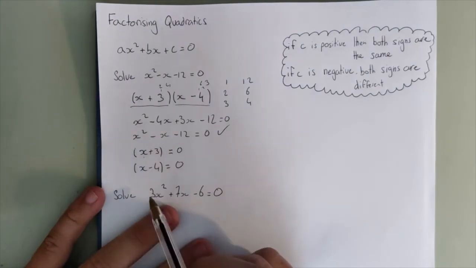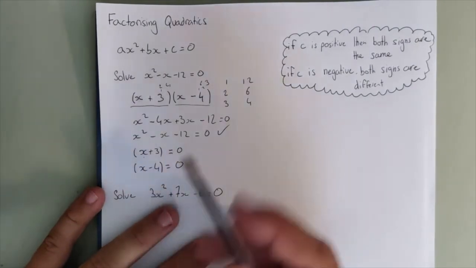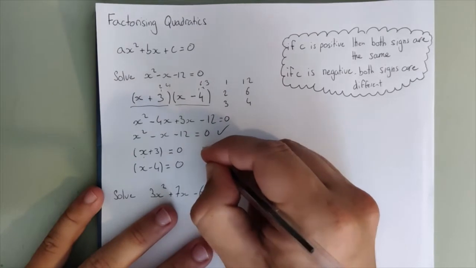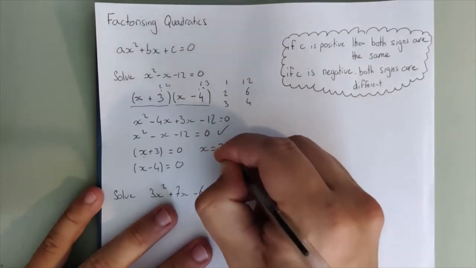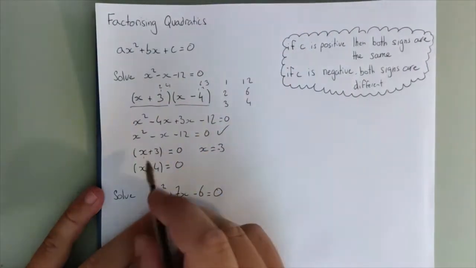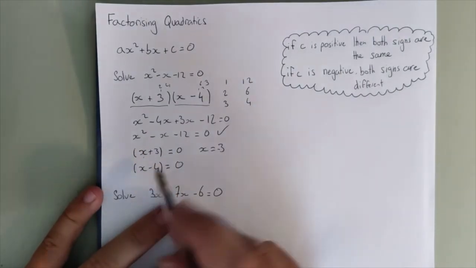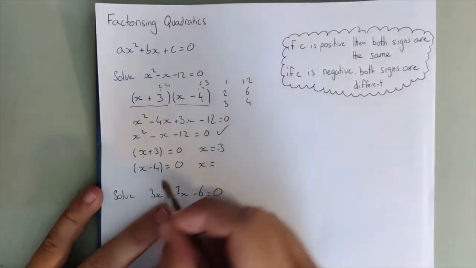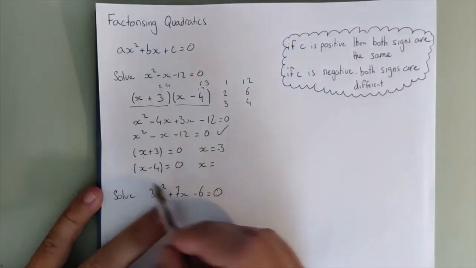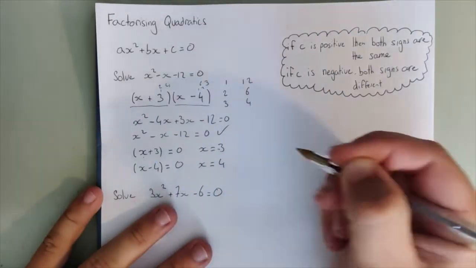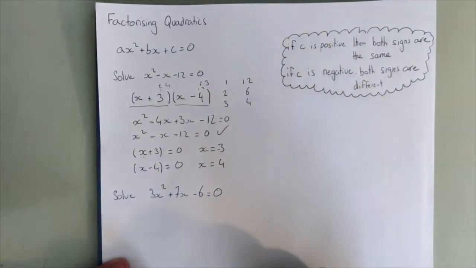To find x, you just make that x equals, sorry, minus 3, because minus 3 plus 3 equals 0, and then on the lower one, x equals plus 4. Alright, on to the next one.